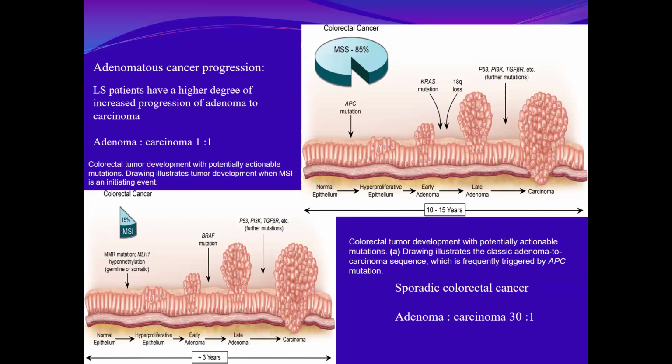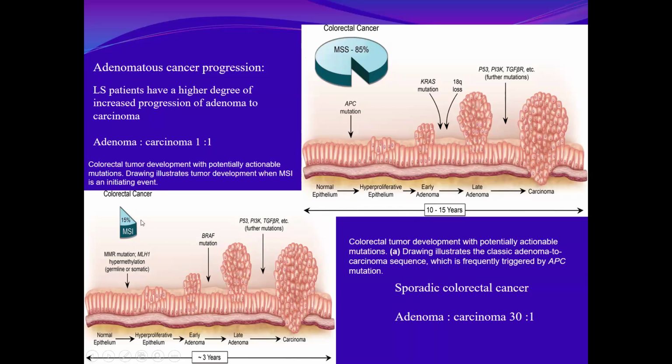In colorectal cancers, you know that there is adenoma carcinoma progression, and in sporadic colorectal cancer this usually takes a long time, from 10 to 15 years, as we can see here in this illustration.